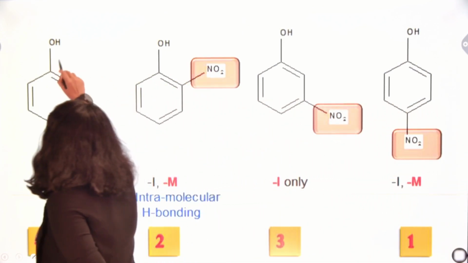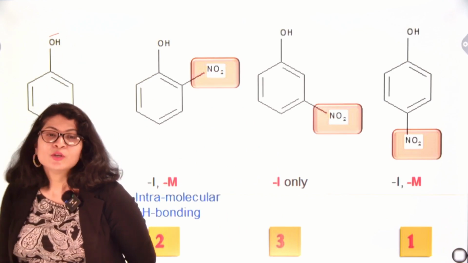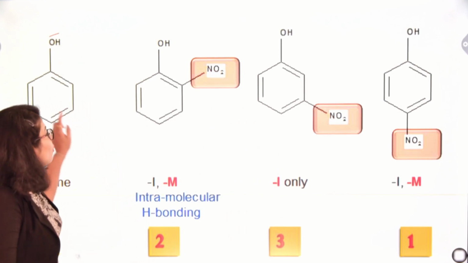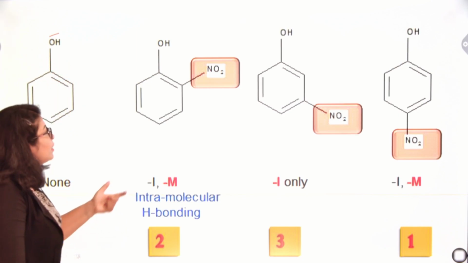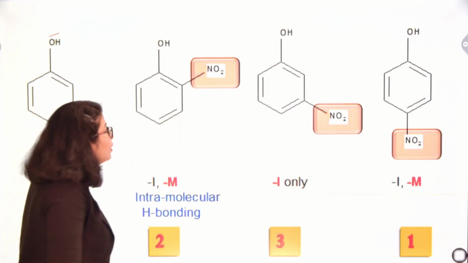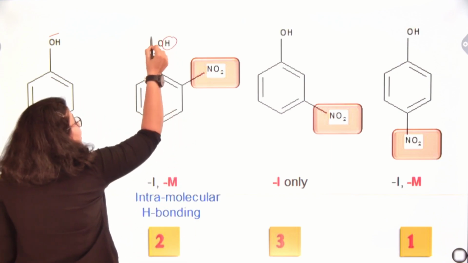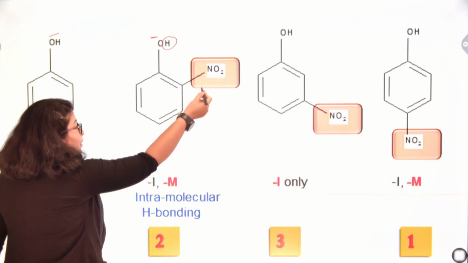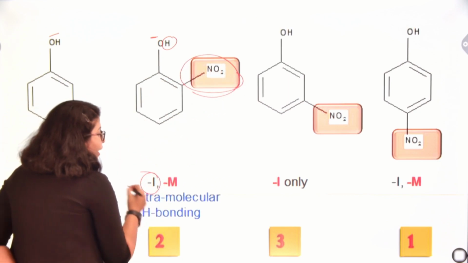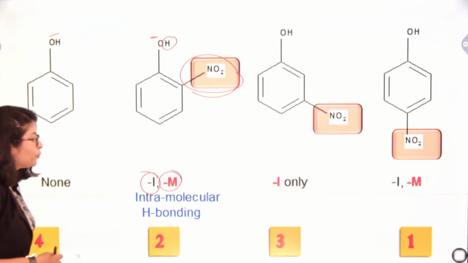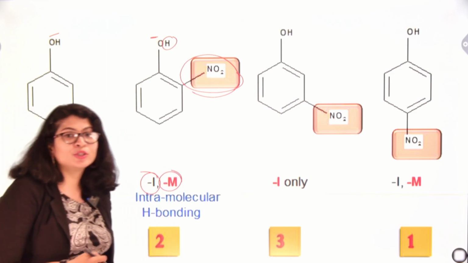Now, if you look at the structures, in case of phenol, after the loss of H plus, what is left behind is an O minus, a negative group or a phenoxide ion. In case of orthonitrophenol, after the loss of this H plus, there is a negative phenoxide, but here the nitro group shows minus I and minus M effect, along with intramolecular hydrogen bonding.